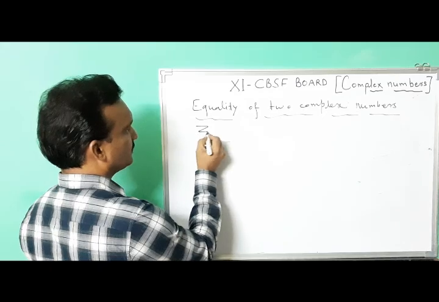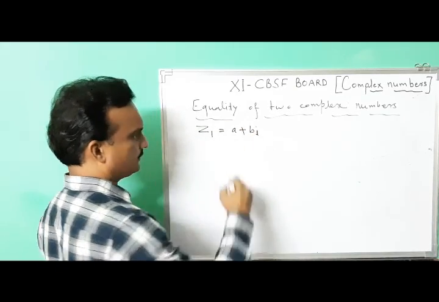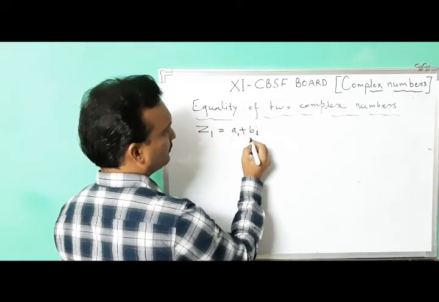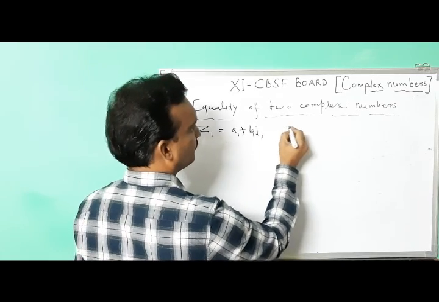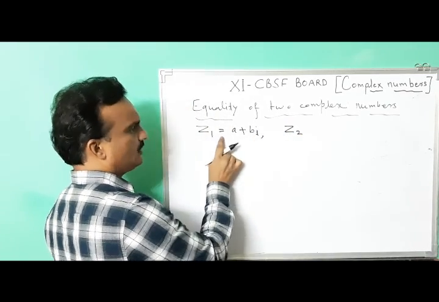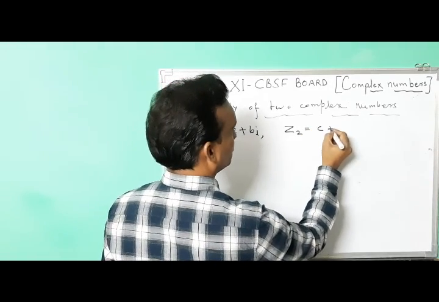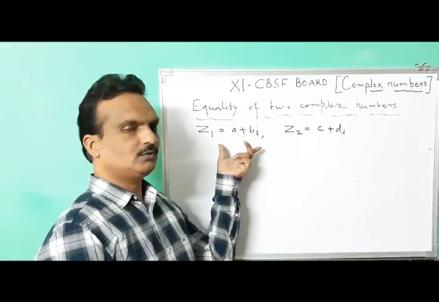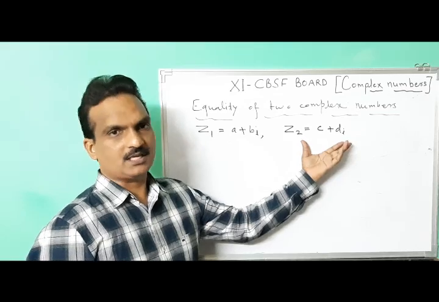Suppose Z1 is equal to A plus Bi and Z2 is equal to C plus Di.